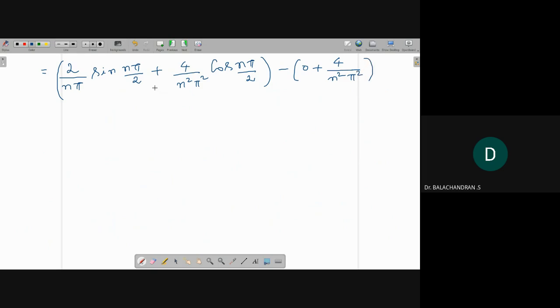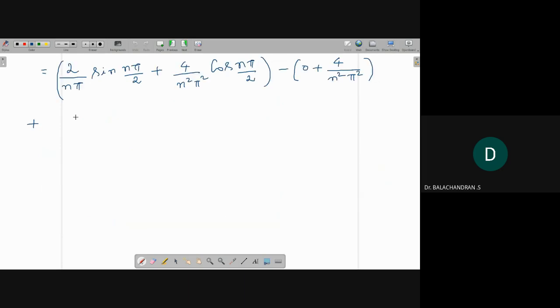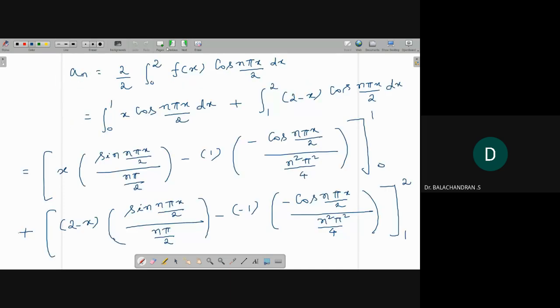So now plus upper limit. When x is equal to 2, 2 minus 2 is 0. Upper limit is 0. And then here, what is the upper limit? Minus minus minus 4 by n square pi square.